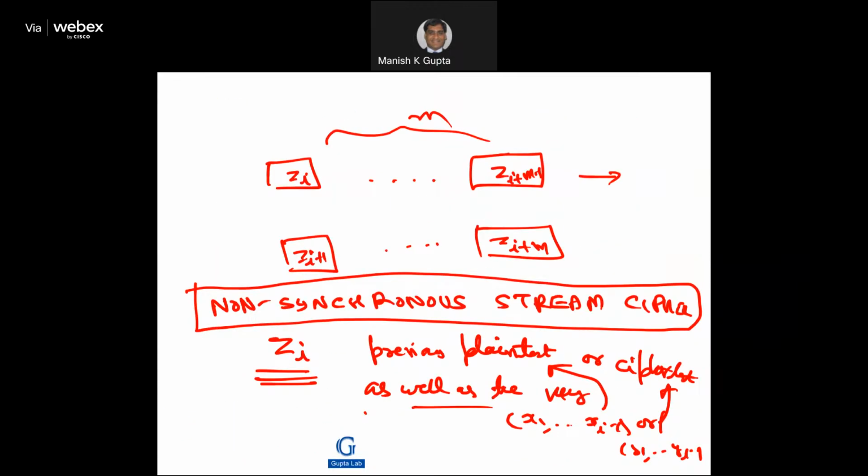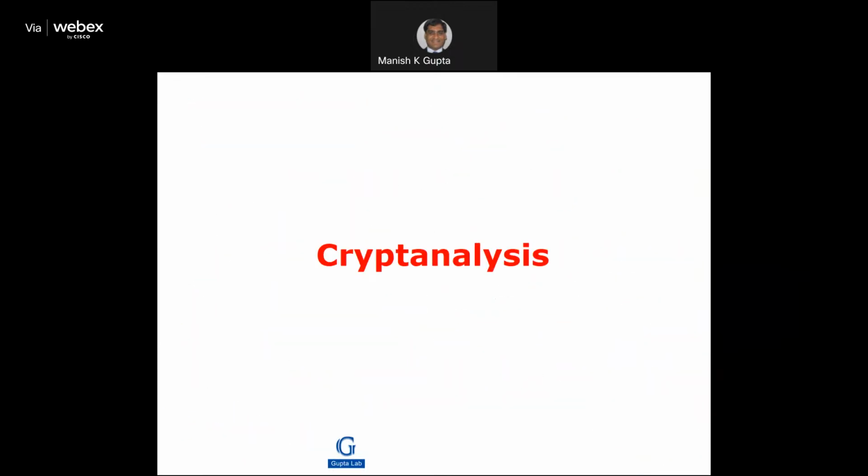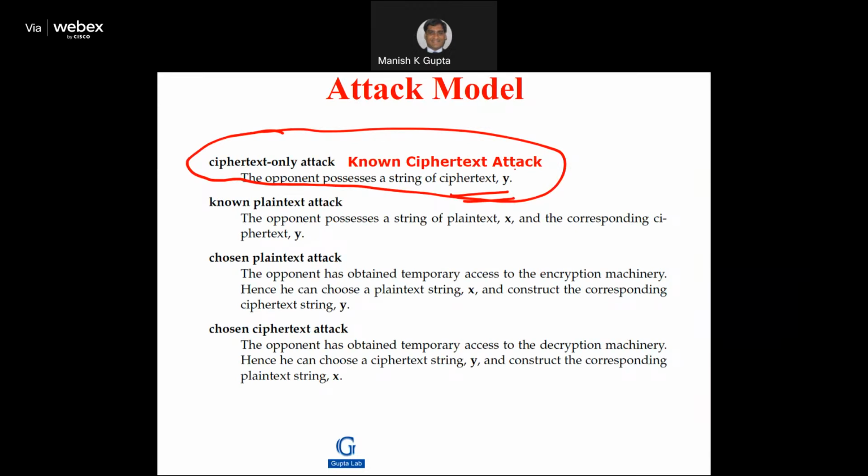Okay, so normally in both of the cases we are doing the known ciphertext attack, meaning ciphertext is given to us and we want to decrypt it. Okay, try to find the original plaintext.